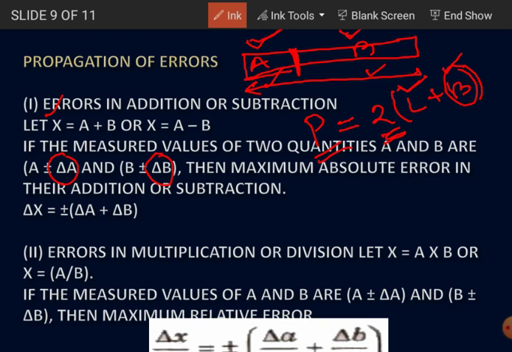So the measured value of the length will be denoted by A plus delta A, and likewise for the breadth.